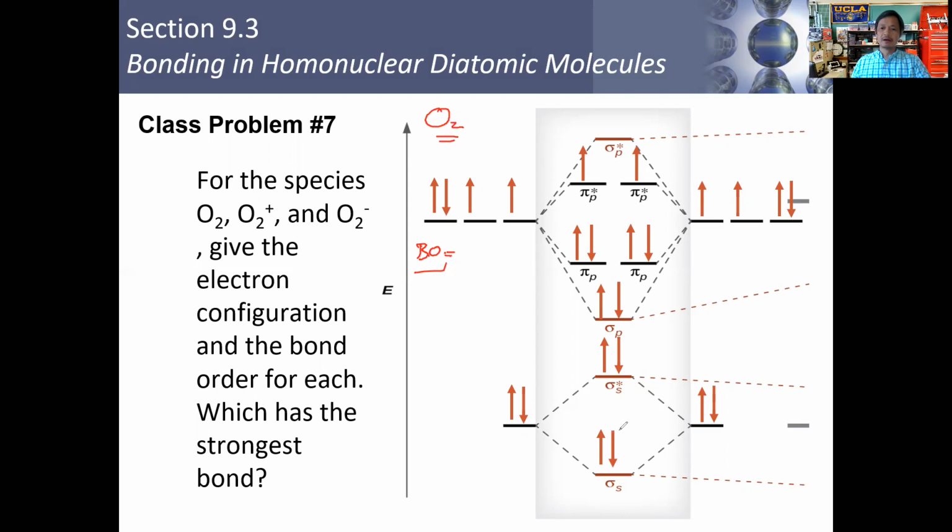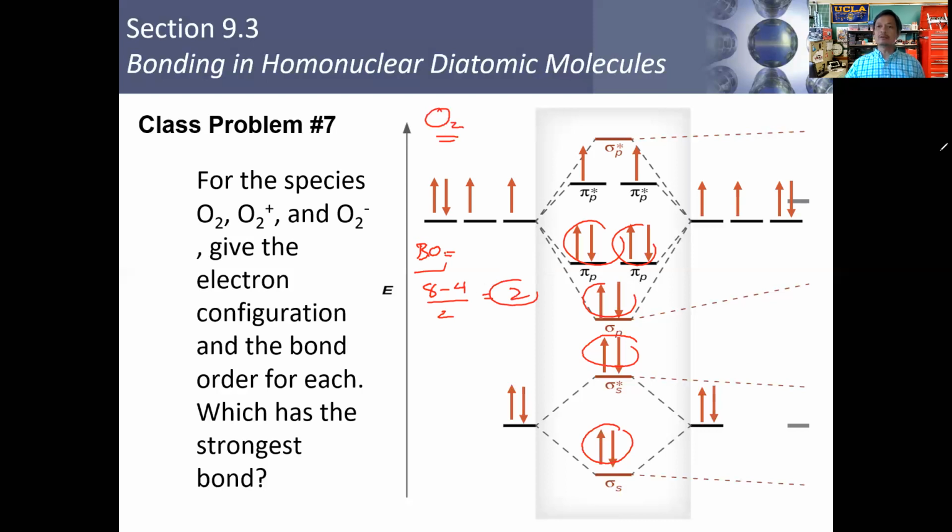So we have 2, 4, 6, 8, so 8 bonding electrons. We have 2, 3, 4 antibonding electrons. We divide that by 2, and we get the bond order of 2, which is what we got in the previous example. So keep that in mind, and make sure you write that down.